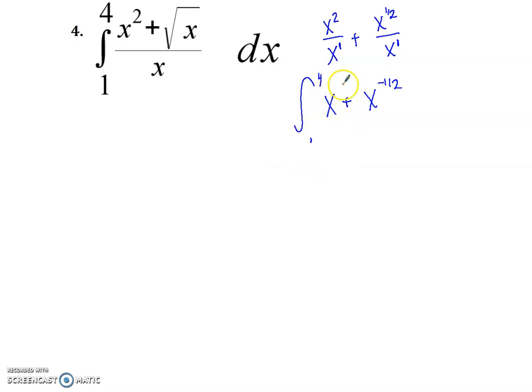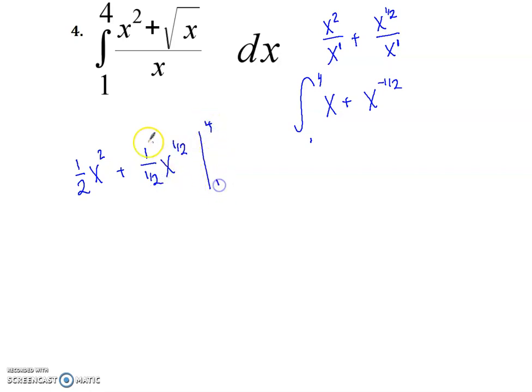For this part right here, when I add 1 to the exponent, that's going to give me a new exponent of 2. So my coefficient is going to be 1/2 x squared. Here, when I add 1 to the exponent, negative 1/2 plus 1 is going to be positive 1/2. So this is going to be 1 divided by 1/2.